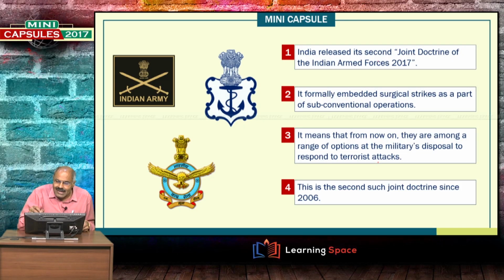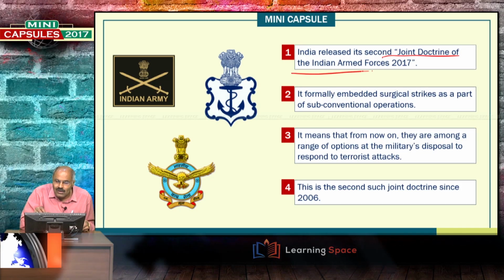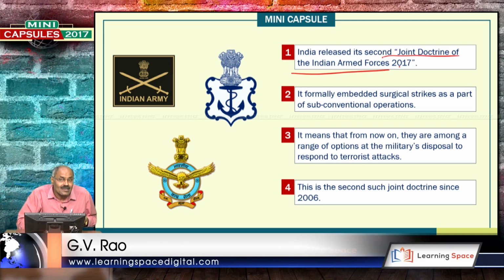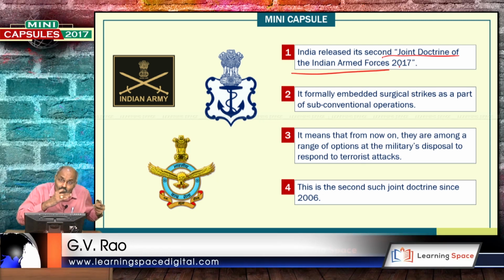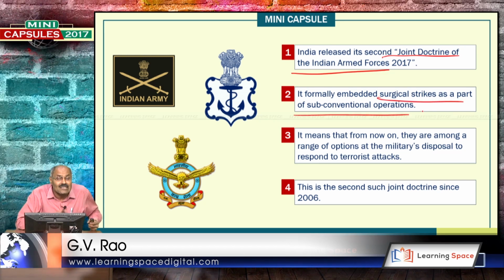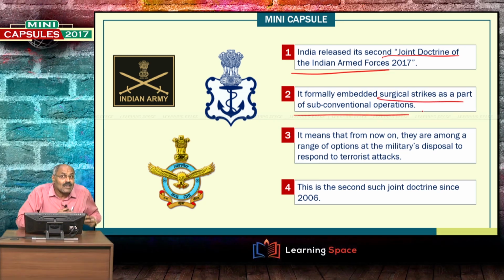In April, India released its second joint doctrine of the Indian armed forces. In fact, in the second doctrine, surgical strikes were embedded. Surgical strike is one type of sub-conventional operation, and this was formally embedded.